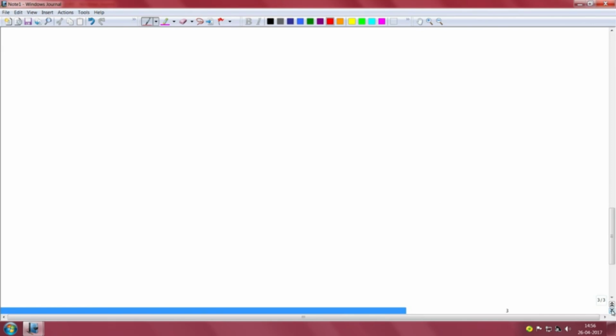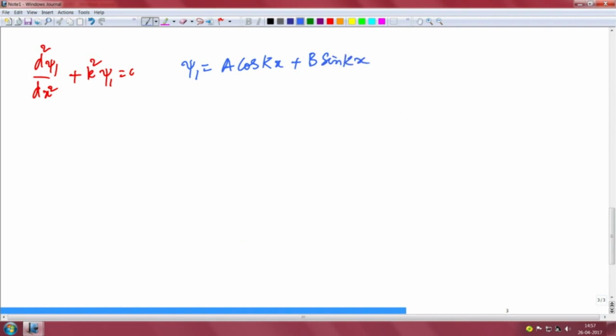Now, let us look at the solution of the fields in each of the regions. So, in the region where d square psi 1 by dx square plus k square psi 1 equals 0, we have psi 1 equals A cos kx plus B sin kx, because we know this is the equation with constant coefficients of the type of simple harmonic motion, and trigonometric functions are the solutions of this.